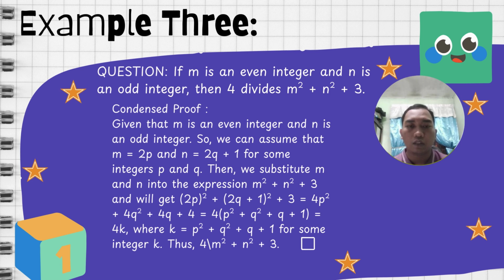Thus, 4 divides m squared plus n squared plus 3.